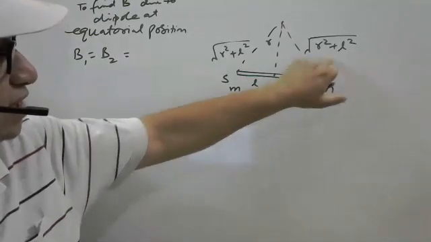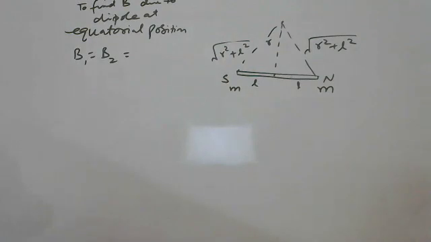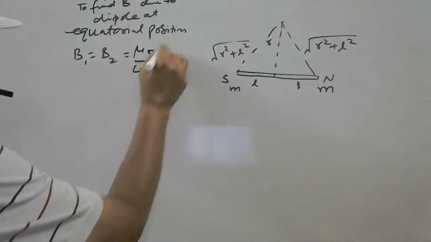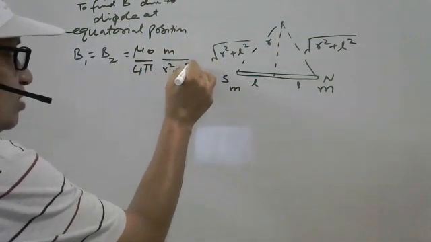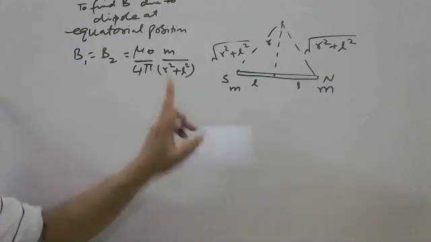M is same, distance same, so B1, B2 both are same in magnitude, mu naught upon 4 pi M upon distance square. So there is no root now, under root and square, they cancel out. So this is the formula for B1, B2 numerically.